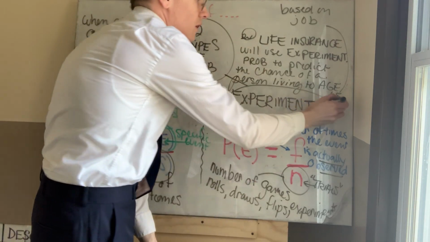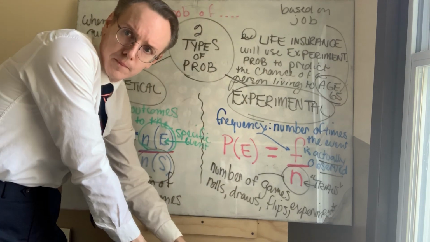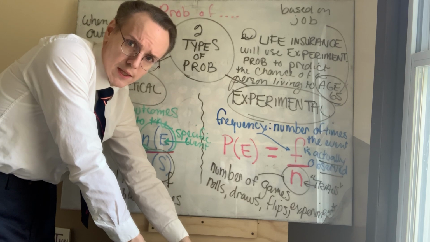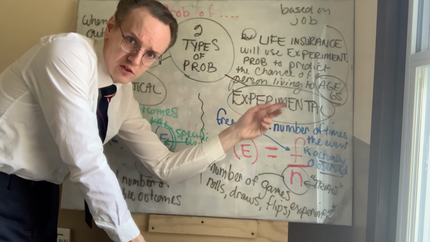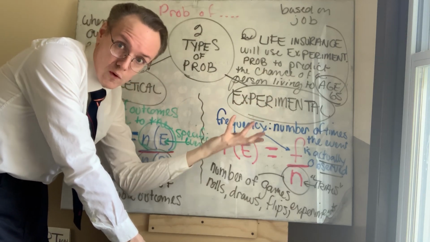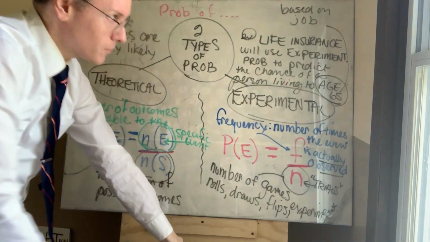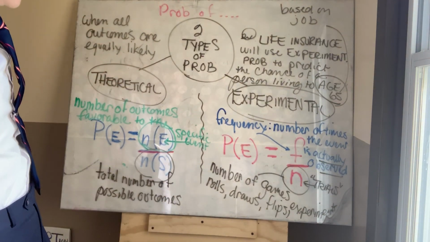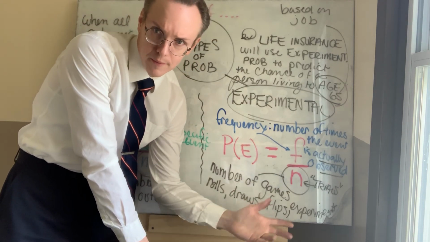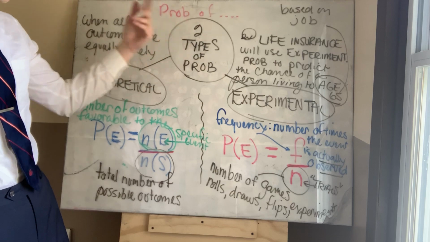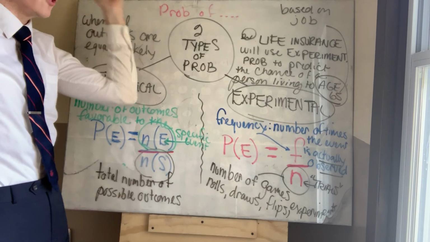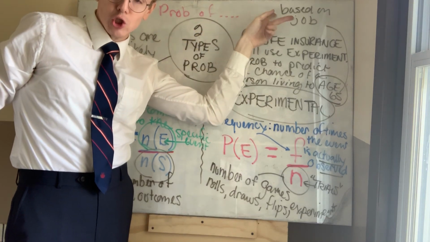So, sadly, not to sound like a man of doom and gloom, but a person who is working in industry, their likelihood of living to the age of 65 is probably slimmer than, say, a person who works in an office. Anyhow, there are other conditions that are potential factors for their longevity as well, like what their diet is like. Anyhow, life insurance will use experimental probability to predict the chance of a person living to the age of 65 based upon the job they do.